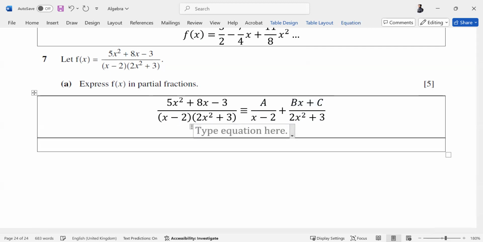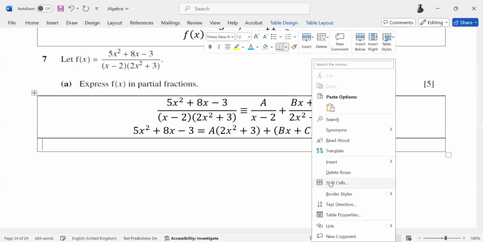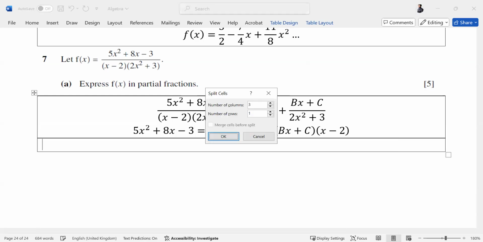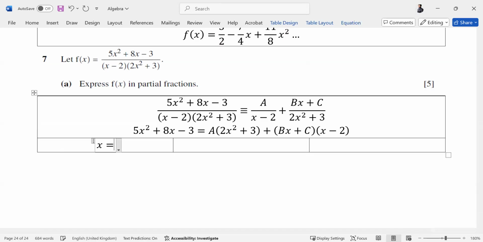Now 5x square plus 8x minus 3, A multiplied by 2x square plus 3, Bx plus C. So what is the first value of x that we can take? 2. Very good.